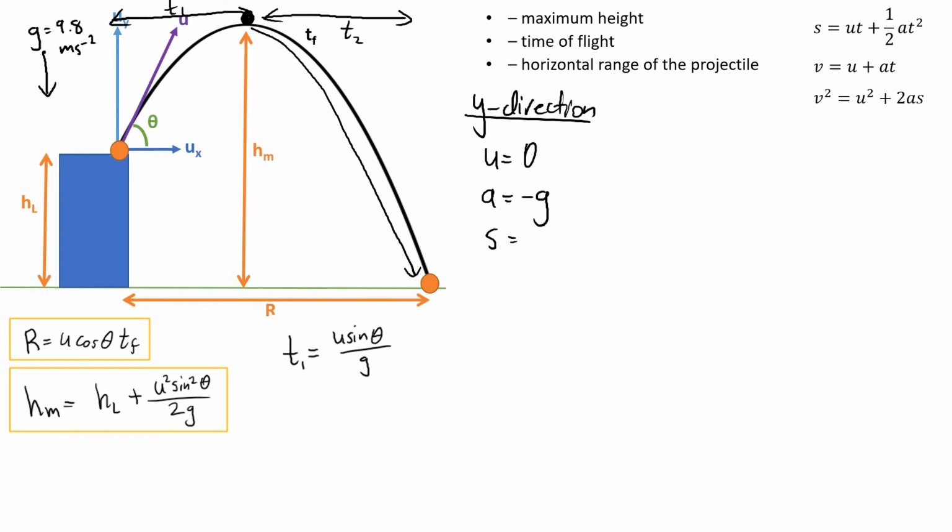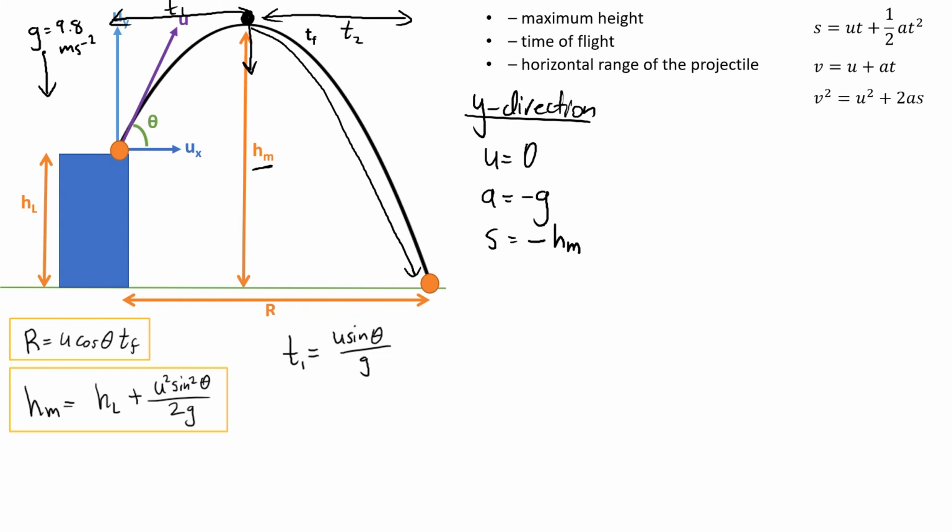The displacement. How far does it travel from here to here in the y direction? Well, it travels Hm, right? However, because s is a displacement, it also has directionality. In other words, it's pointing downwards. It goes down Hm distance, right? So we're going to have to be writing this as negative Hm, not just Hm.